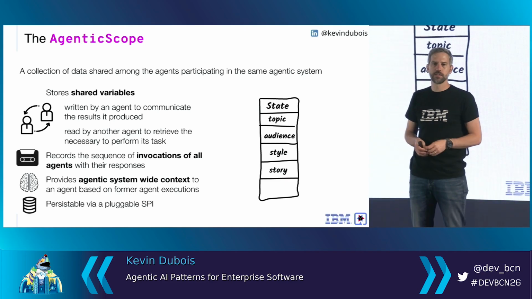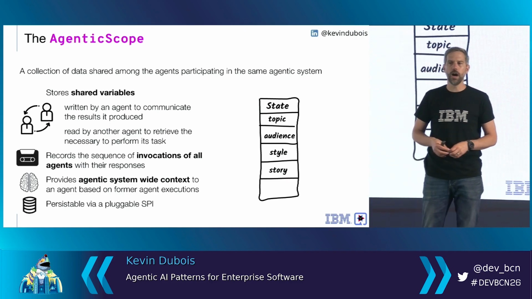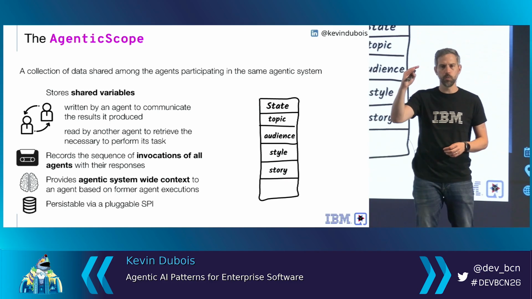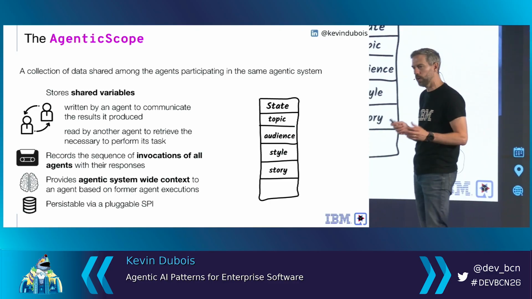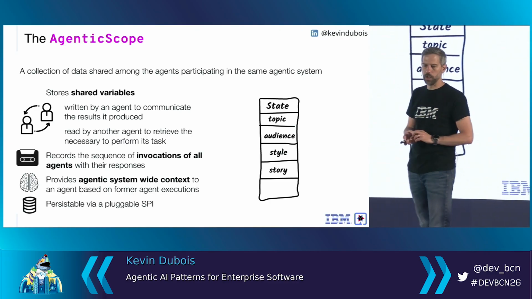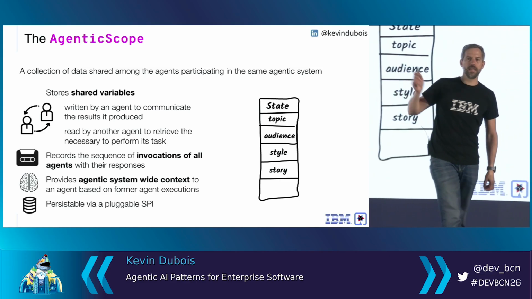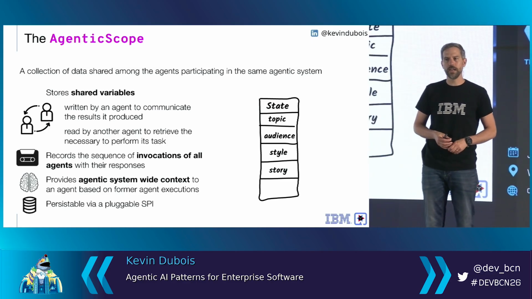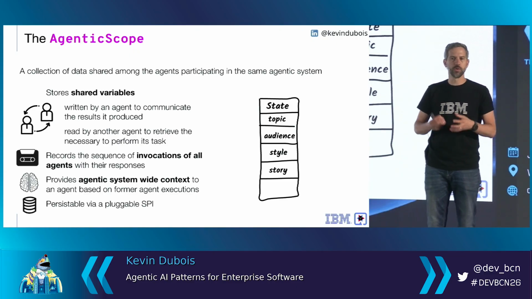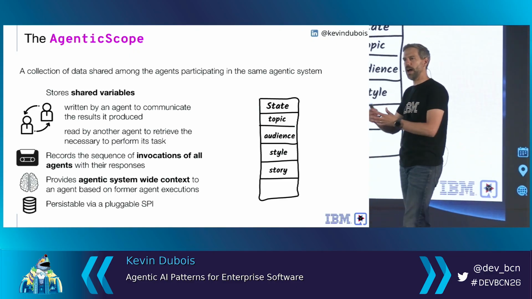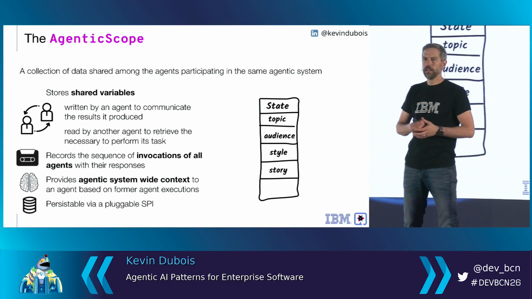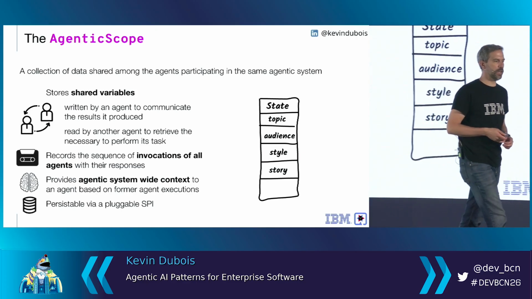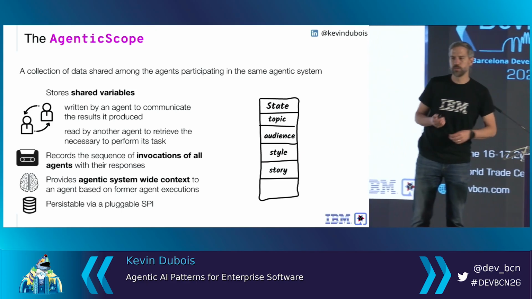You don't want that social security number to be sent over the wire to another LLM, so you can decide which inputs it has access to send to the LLM as well. And so you can persist this state as well, which of course in enterprise systems we probably want to do at some point to be able to resume sessions, or to have maybe a system that needs to be shared between different sessions or between different scopes.